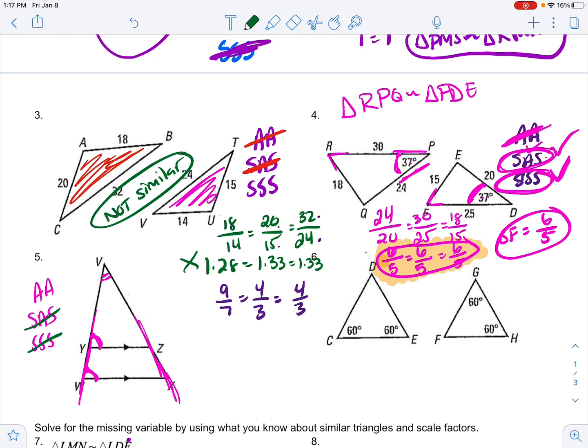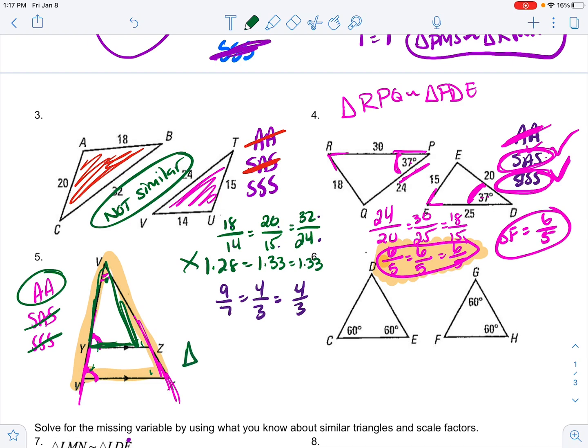I do have two angles in each triangle. I have my little triangle right here, and then I have my big triangle right here. And I have this angle congruent to itself, and then these two angles congruent. Or you could have done these two. So I do have yes by angle, angle. We cannot find the scale factor because we don't have any numbers, but we can write our similarity statement.